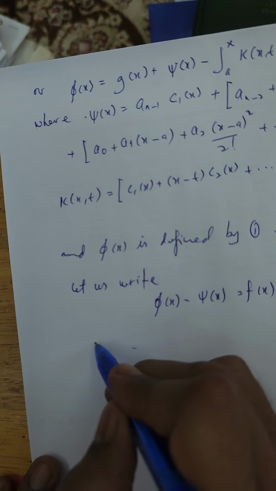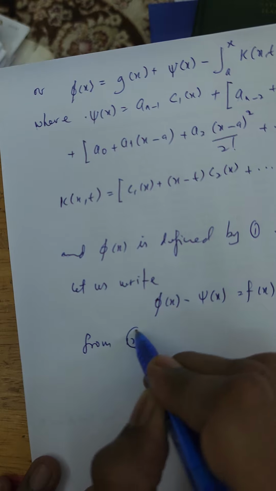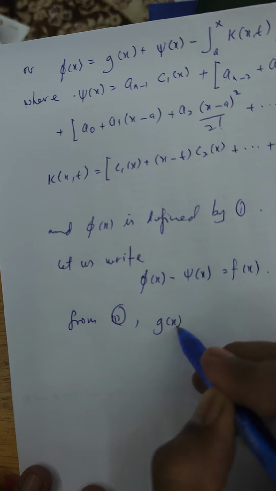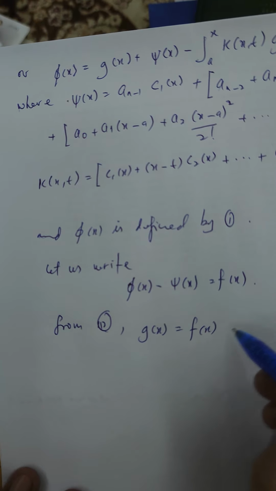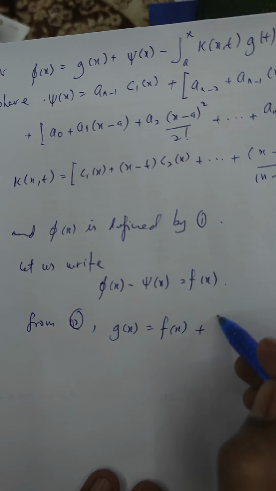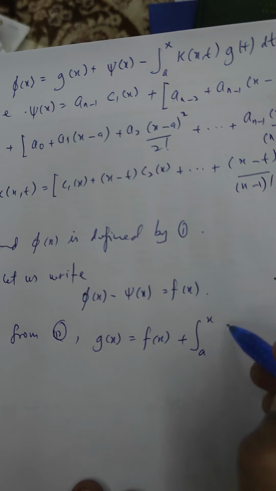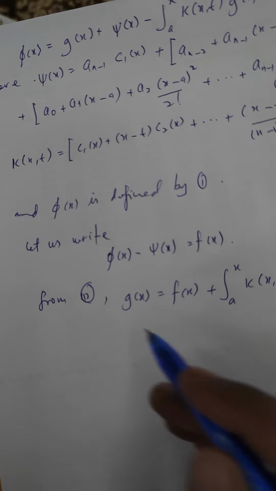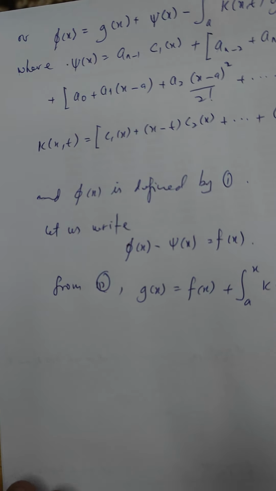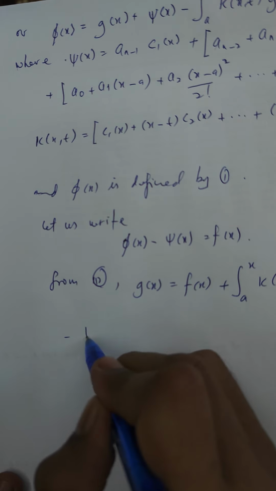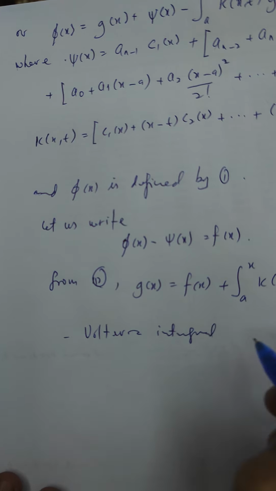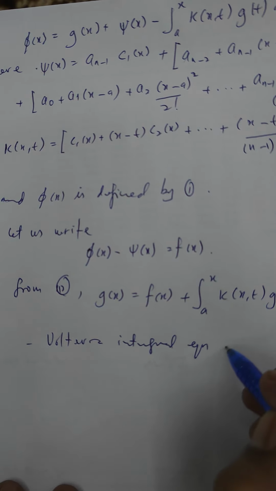So what we have from 12 is g(x) equal to f(x) plus the integral from a to x of k(x,t) g(t) dt. So this is the Volterra integral equation of the second kind.